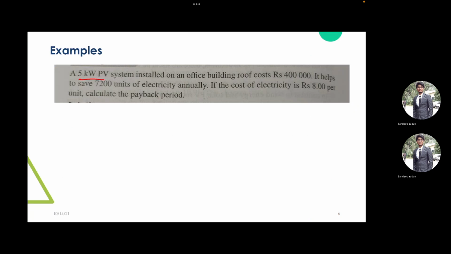Similarly, a 5 kW PV system installed on an office building roof costs 4 lakh rupees. It helps to save 7,200 units of electricity annually. If the cost of electricity is 8 rupees per unit, calculate the payback period. It's again the same case. Initial investment is 4 lakh rupees.